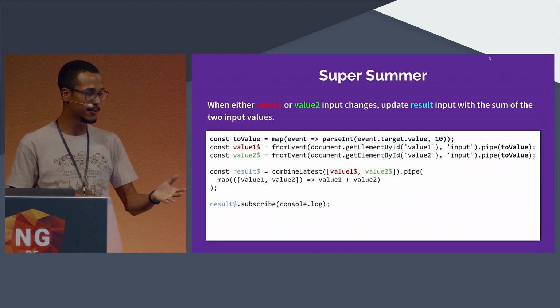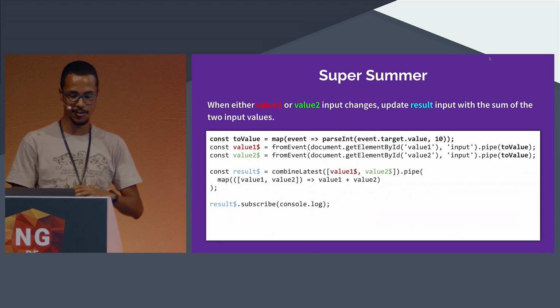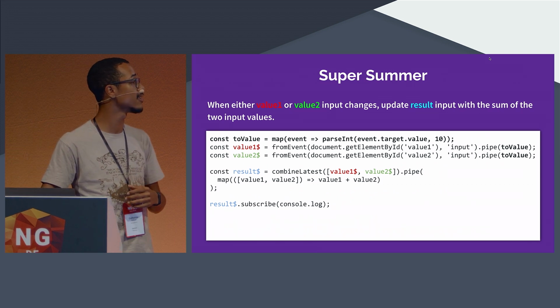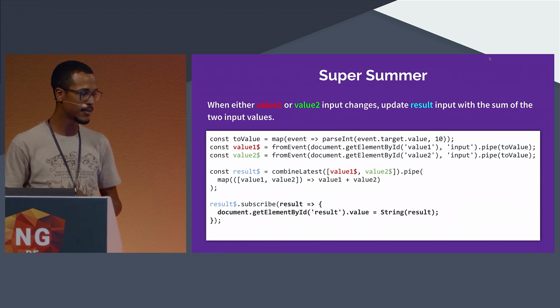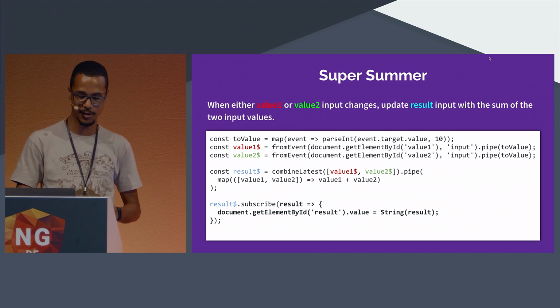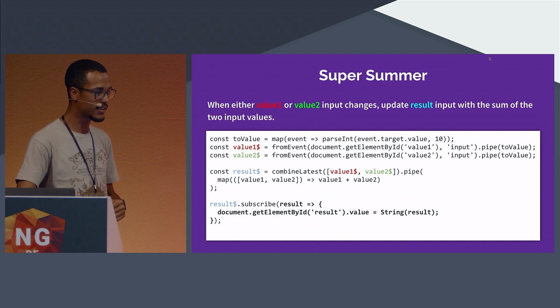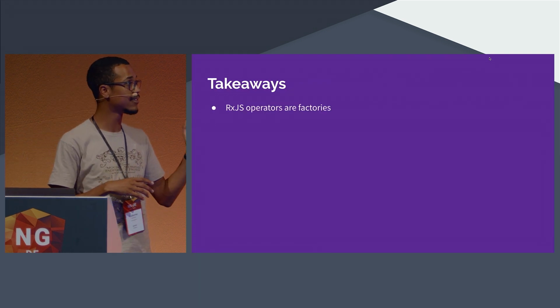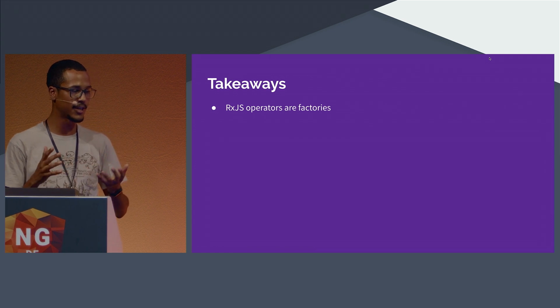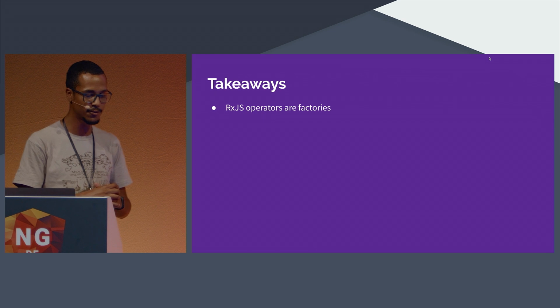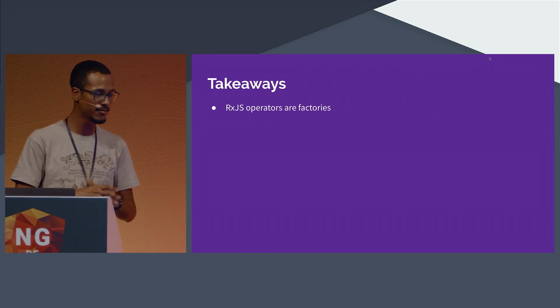And it's still readable, but we still don't have our desired output, which is to update the result input. Every time we have a new result, we update the form input. So the takeaways from this example are that RxJS operators are just factories. You can reuse them, which makes it even easier to apply composability.